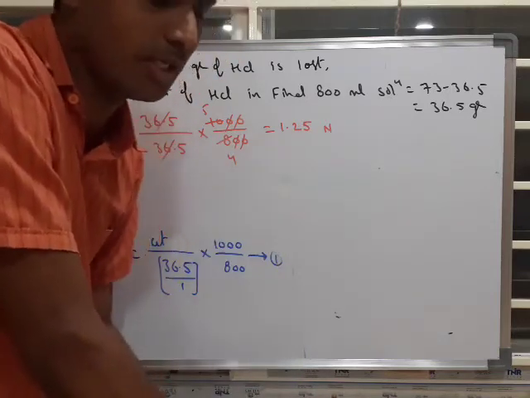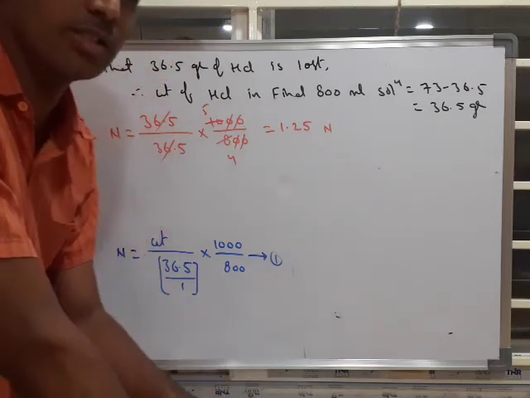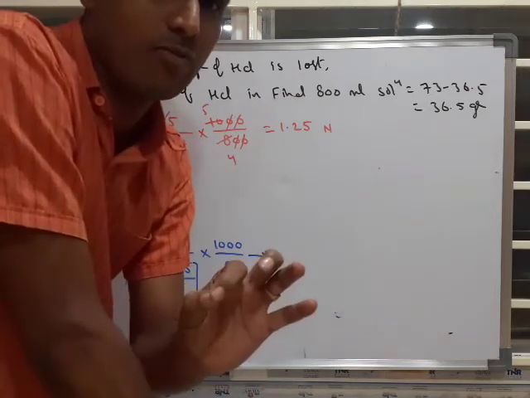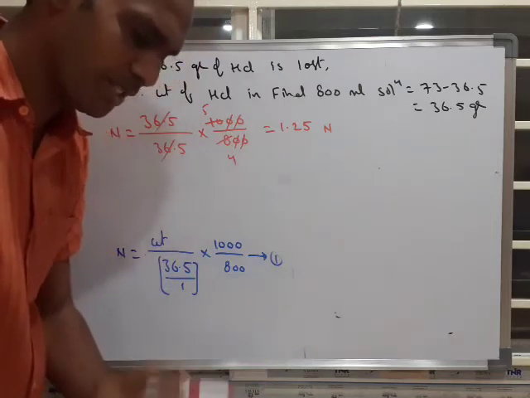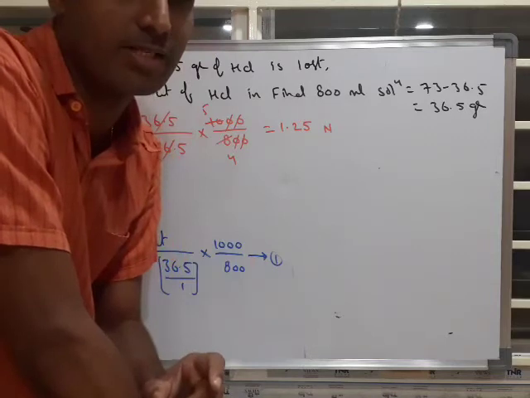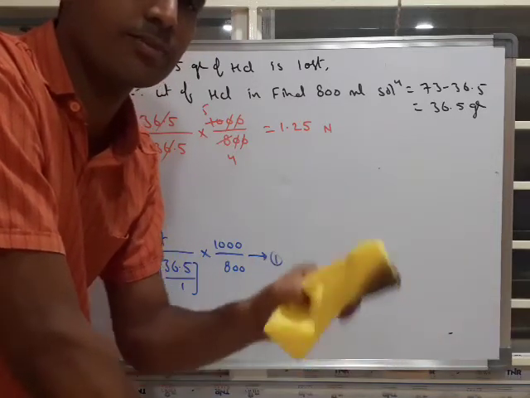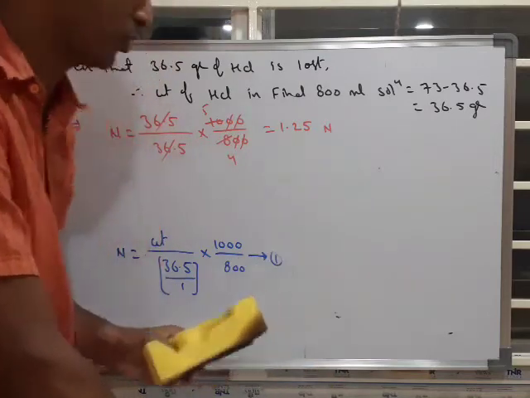Okay, next, in this same problem, what was the other question? And also find the number of equivalents of HCl of the initial solution if you take 100 milliliter of solution.